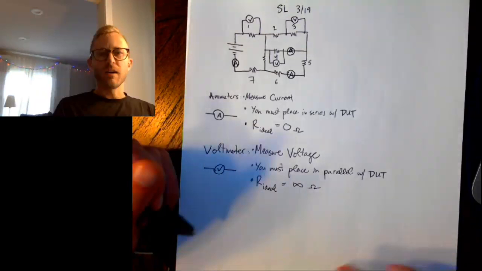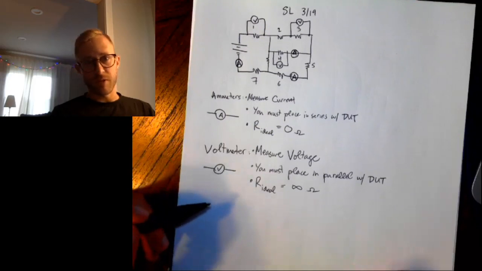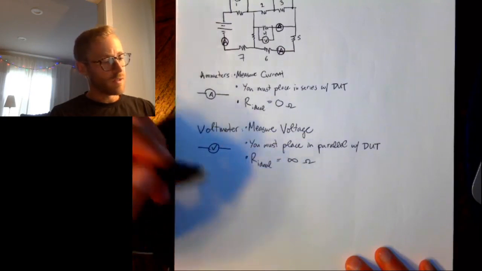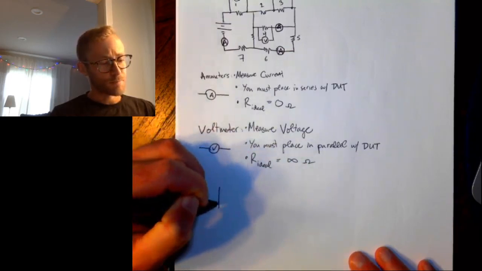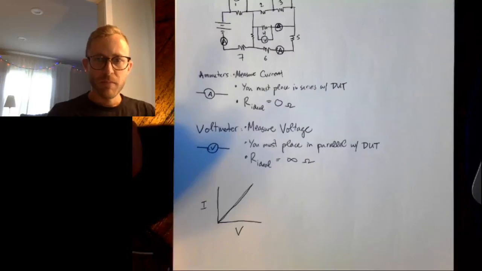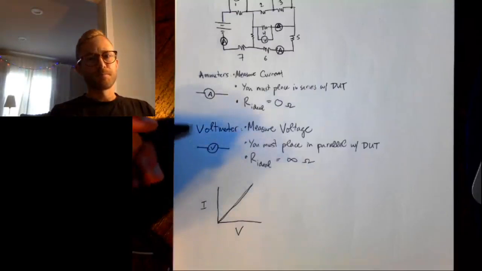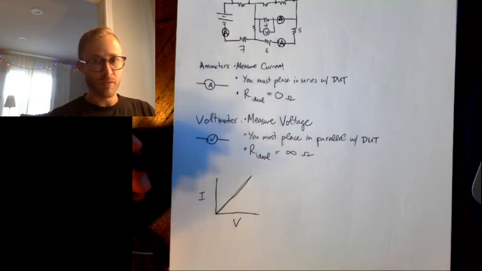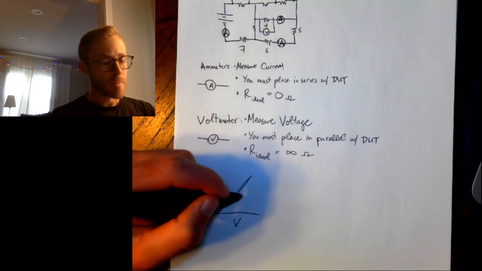Okay, so that's the first little odds and ends that you need to know. Another thing you might want to know, this is the IV curve of a resistor, okay?